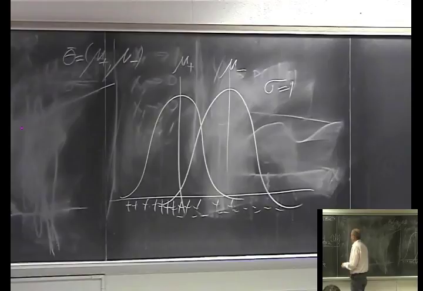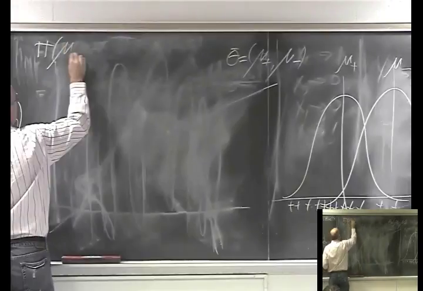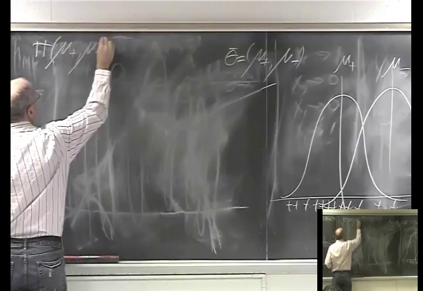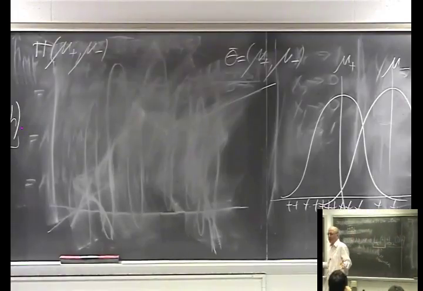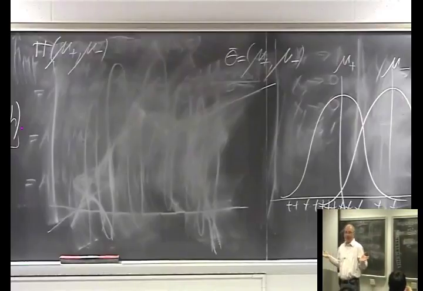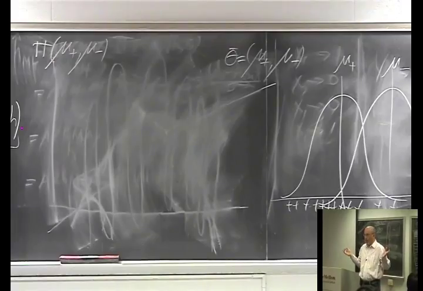So here's our setting. You have a prior over the two means. You have to decide how these means were generated. Maybe they themselves came from Gaussians, hyper-Gaussians. Maybe they're drawn uniformly between 0 and 1. There could be anything.